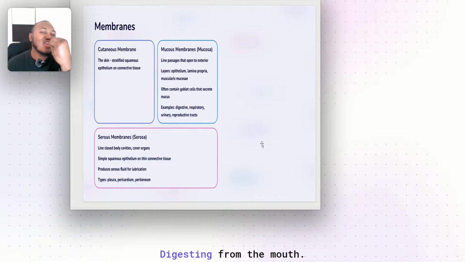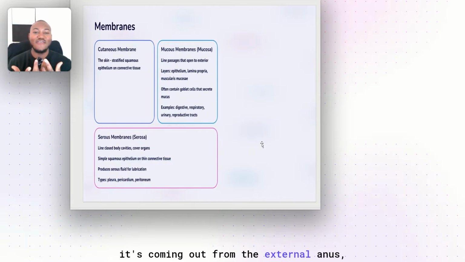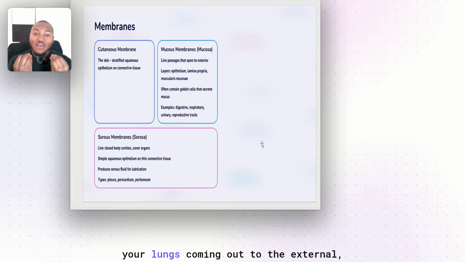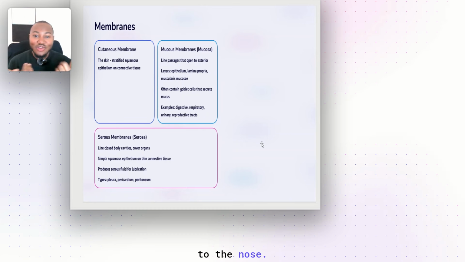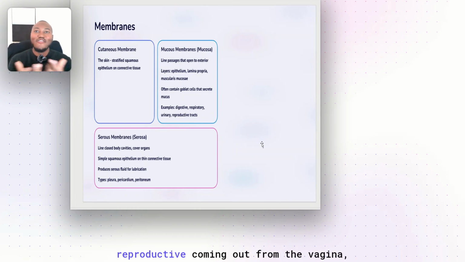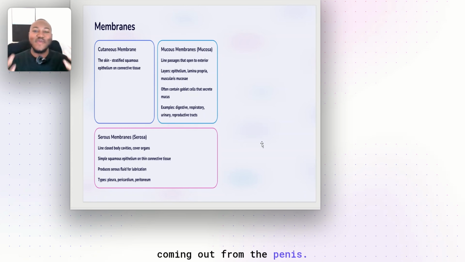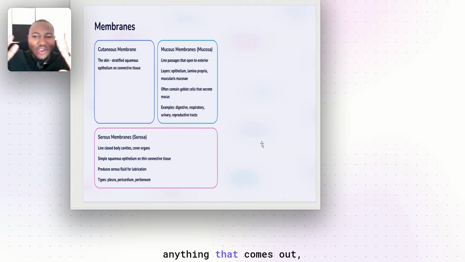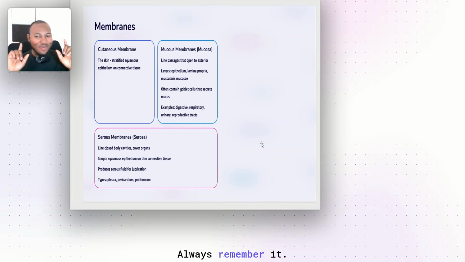Think about it. Digestive from the mouth, so it's coming out to the external. Anus is coming out to the external. Respiratory, your lungs coming out to the external, to the nose, and all those things. Urinary, coming out from the urethra. Reproductive, coming out from the vagina, coming out from the penis. Anything that lines an exterior passageway, anything that comes out, that is mucous membrane. Always remember it.